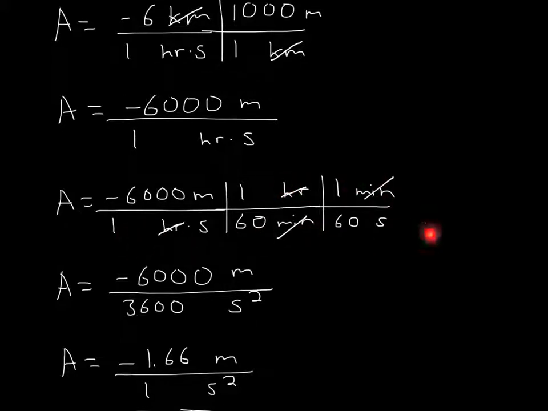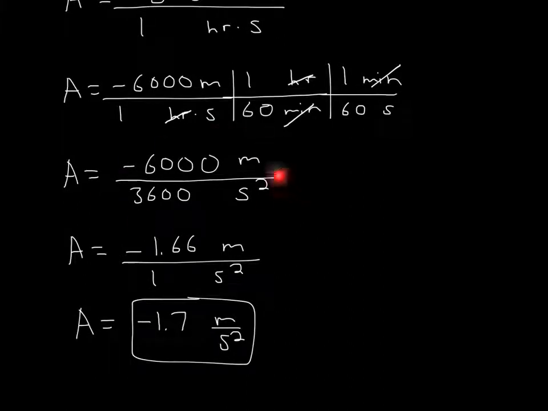On the bottom, multiply straight across, you'll get 3,600. And there are actually 2 units left. There's an s and an s here, so you multiply those, and you'll get s squared. Now you just simplify negative 6,000 over 3,600, and you get negative 1.66 m over s squared.